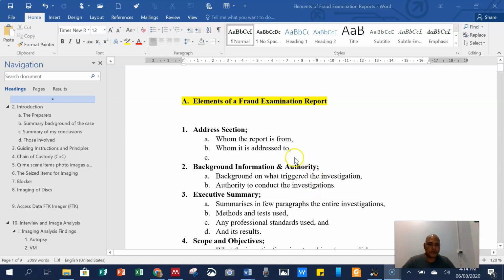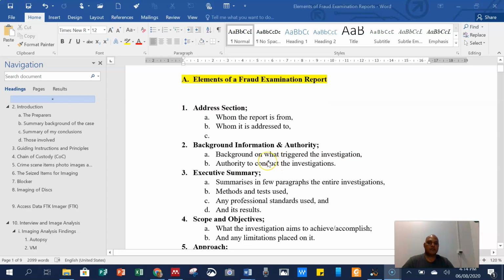The content will start off with an address section, whom the report is from. So it's basically trying to put together the expertise that are involved in the report and who the report is addressed to. These are the first section that is deemed important for the fraud examination report: whom the report is from and who the report is addressed to.